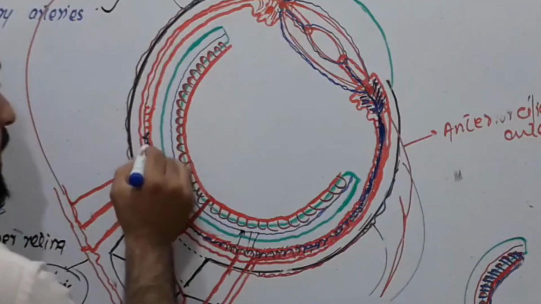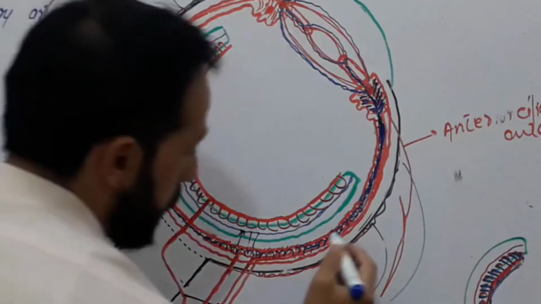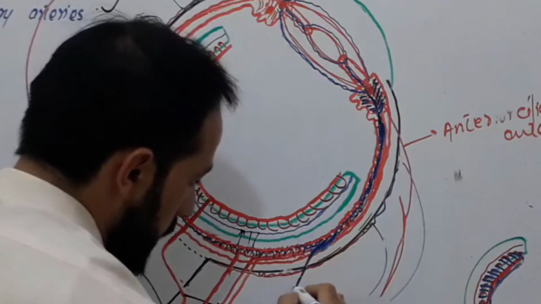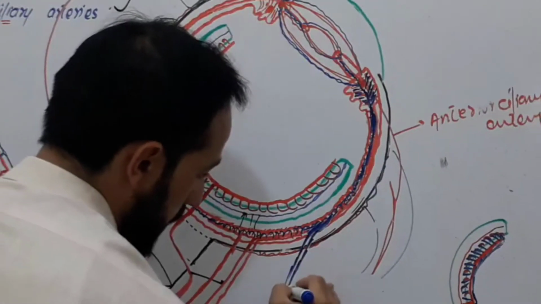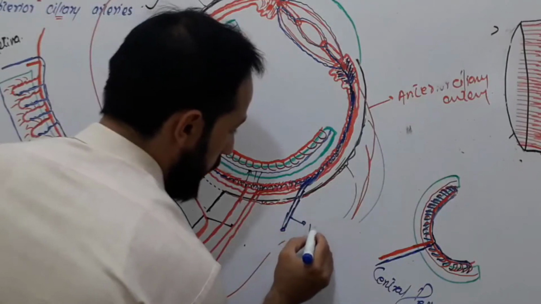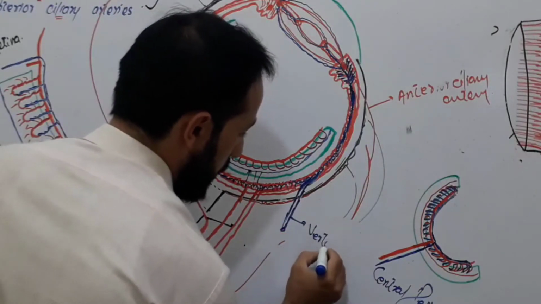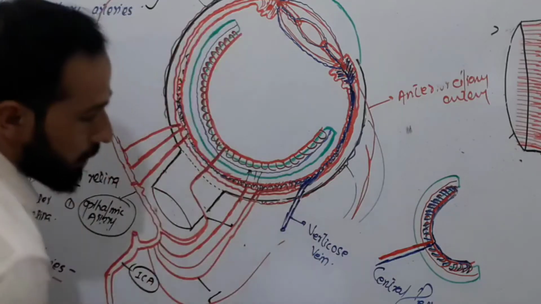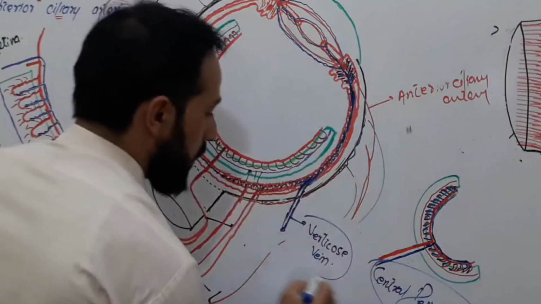So all of these will be collected, and they will come out as a vein like this. So this vein is called the vorticose vein.